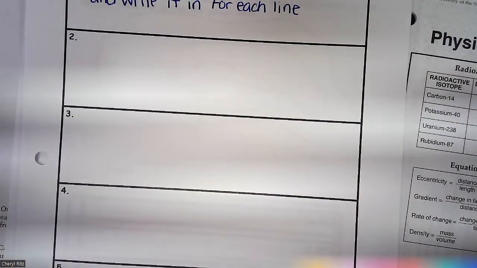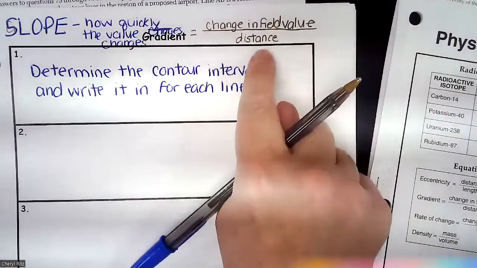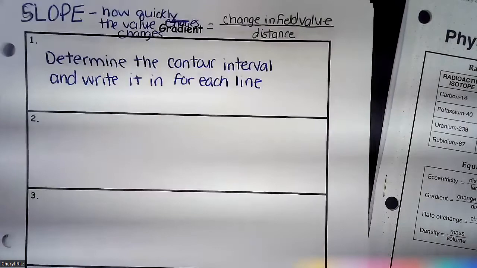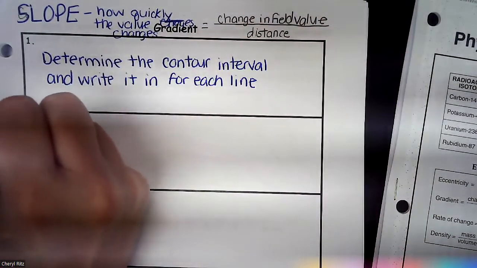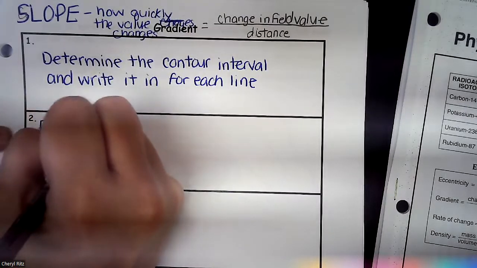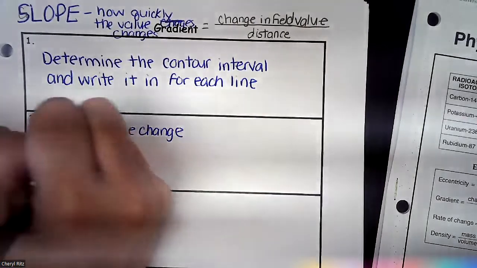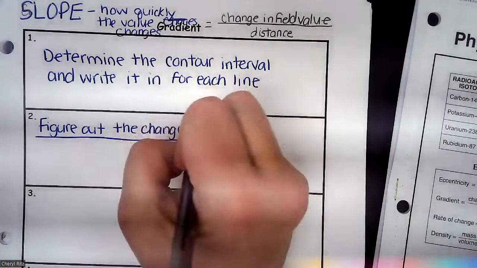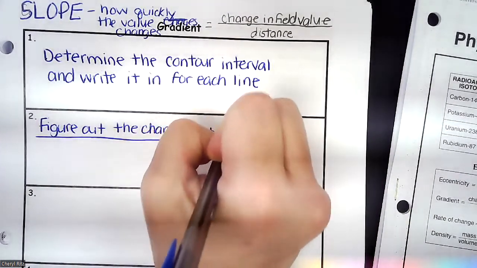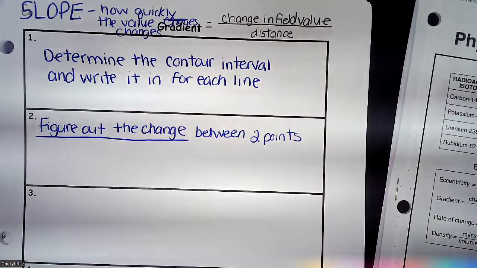Step 2 is where we start using the formula. So again, the formula is change in field value divided by distance. So the first thing we better do is figure out the change. How do we figure out the change between 2 points?